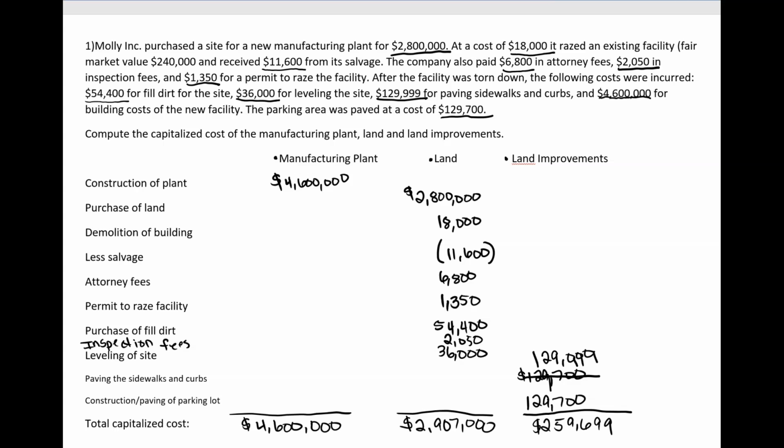One thing you want to remember is you need to keep land improvements separate from land, even though it's something that goes on the land, because the land is not depreciated, but the land improvements are.